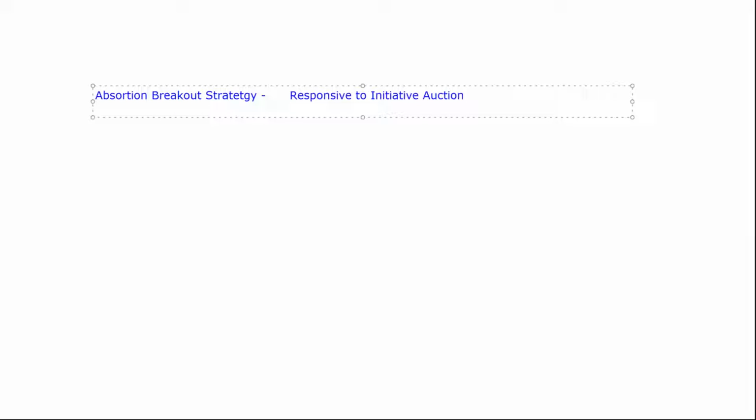Once there is a subtle change and the direction is getting into an initiative auction, you should trail your position as long as that initiative auction is continuing. The moment the initiative auction converts back into responsive, that is where one can think of booking profits. Until then, one should chase the trend as long as it goes.